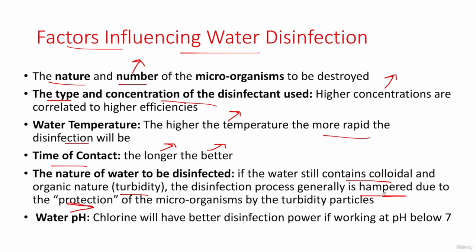So this is why it is very important to highly reduce the turbidity before the disinfection process. I need a very clear water, otherwise the disinfection will not really be effective.